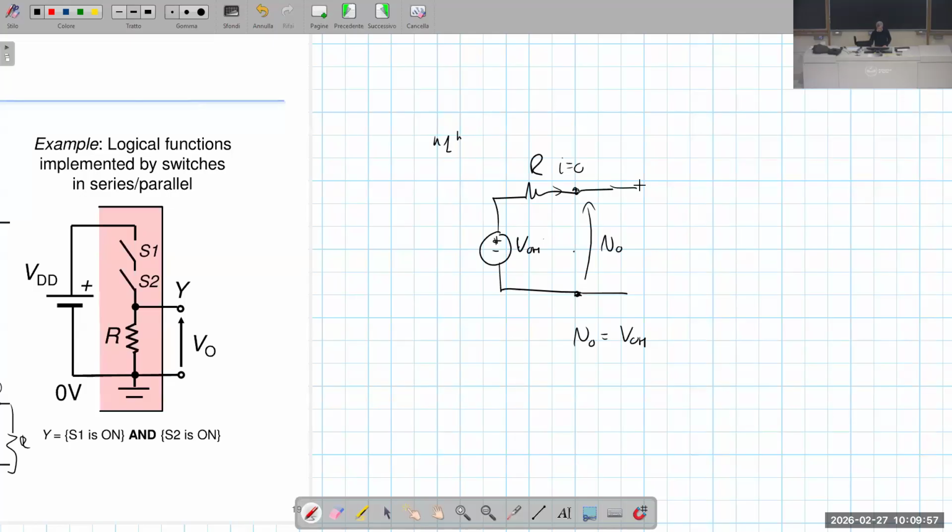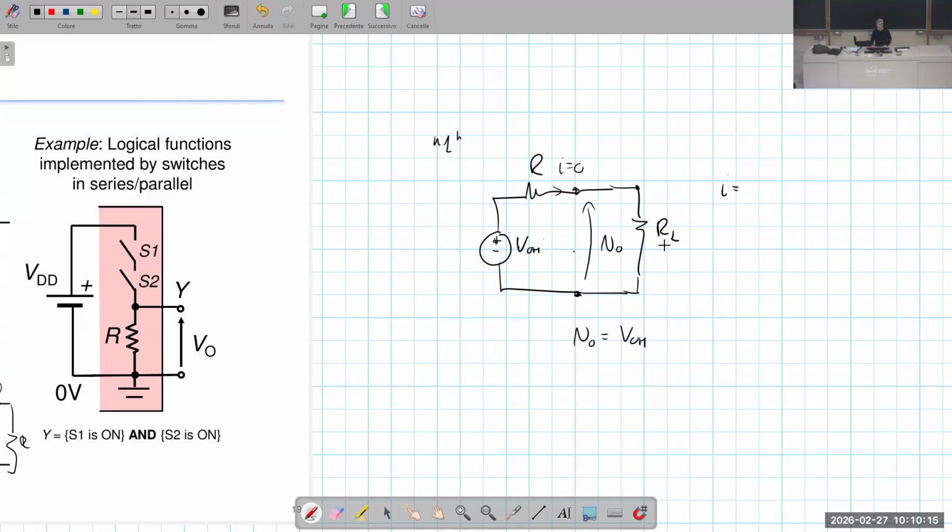Fine? If I connect instead a resistor, let's call it RL, what is VO in this case? In this case, I have a current. The current is no longer zero.